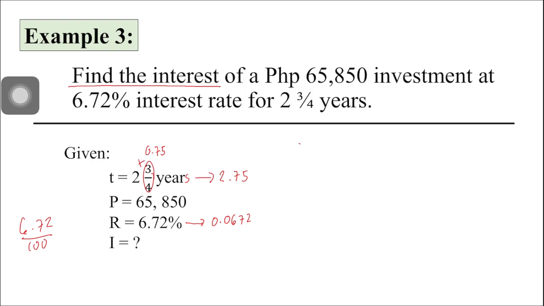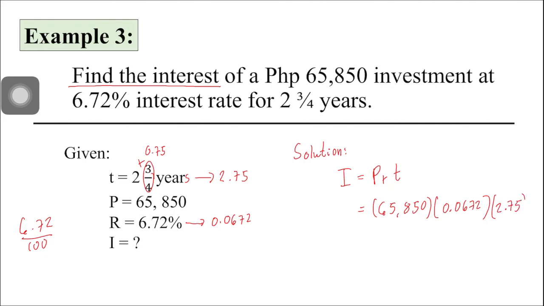So solution. I is equal to PRT. Substitute the given in the formula. The P is 65,850, your rate is 0.0672, and the time is 2.75 years.